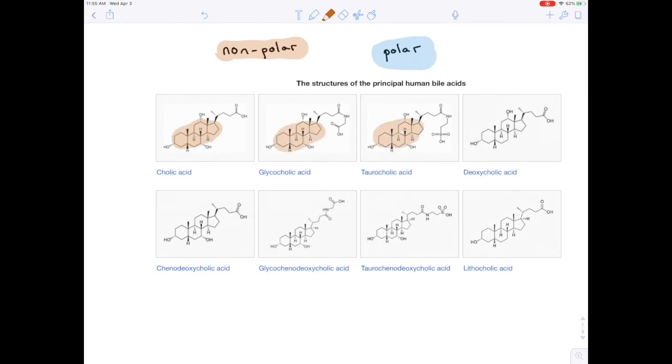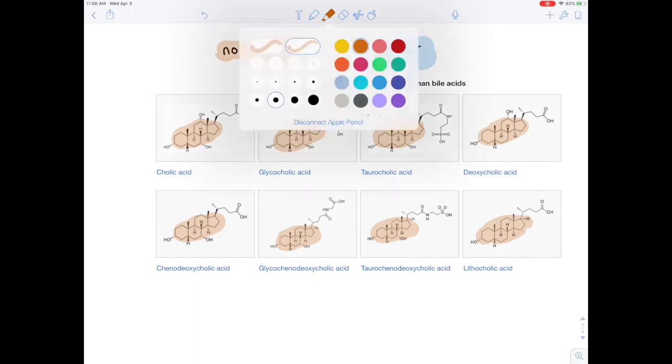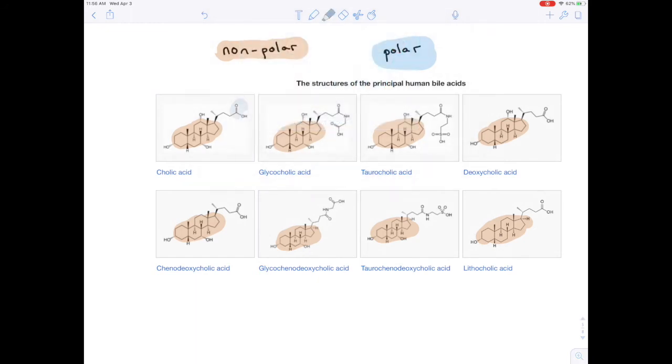So you get the ring structures that are nonpolar, and then you have these sort of spaghetti tails coming off the top right of these. And in each of these, they have a couple oxygens, or nitrogens, or sulfurs, really electronegative elements. And so those are all polar. Okay, so you see two parts to these molecules, a nonpolar part and a polar part.